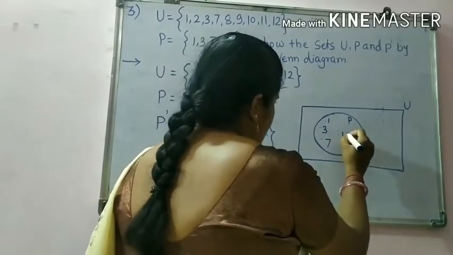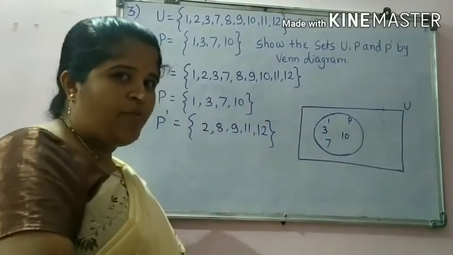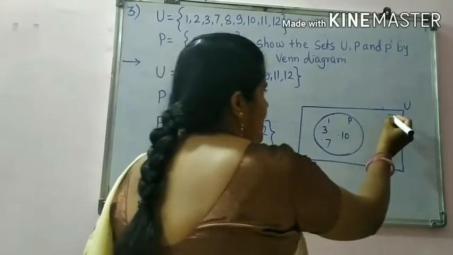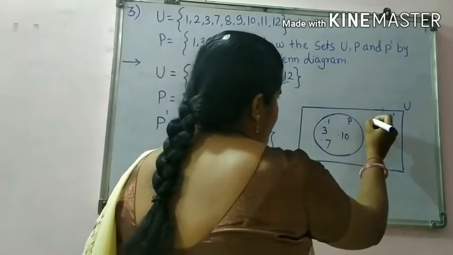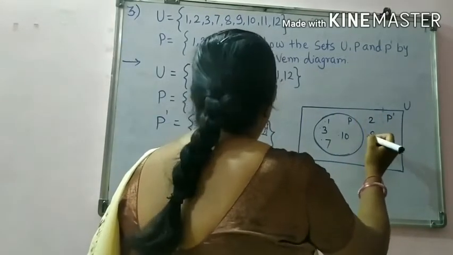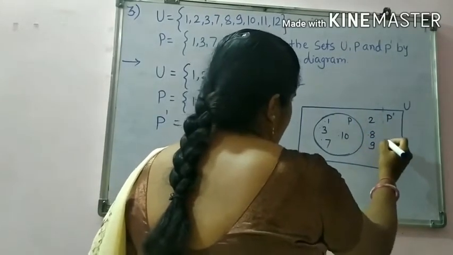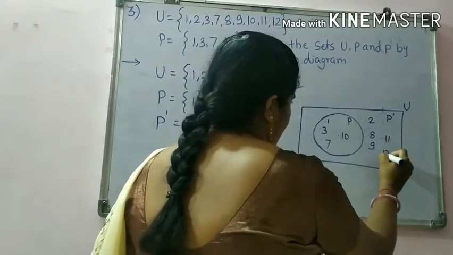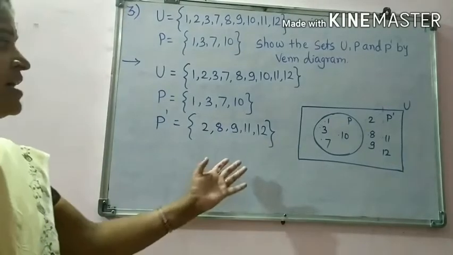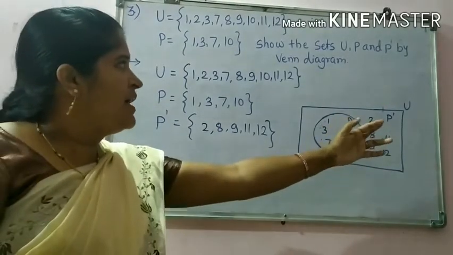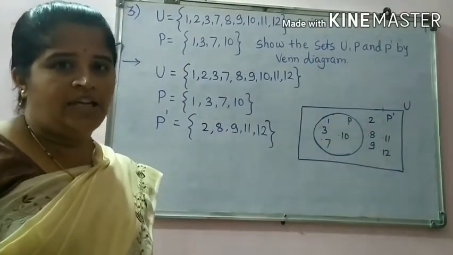The remaining elements will be in the complement of P, means this set is nothing but our P dash. So the elements of P dash are 2, 8, 9, 11 and 12. So in this way we shall show the sets U, P and P dash using a Venn diagram.